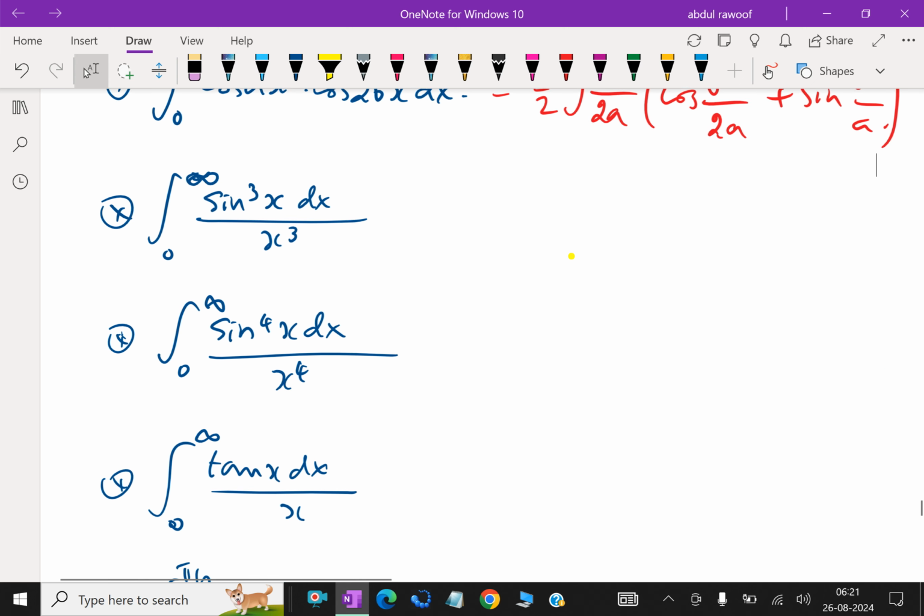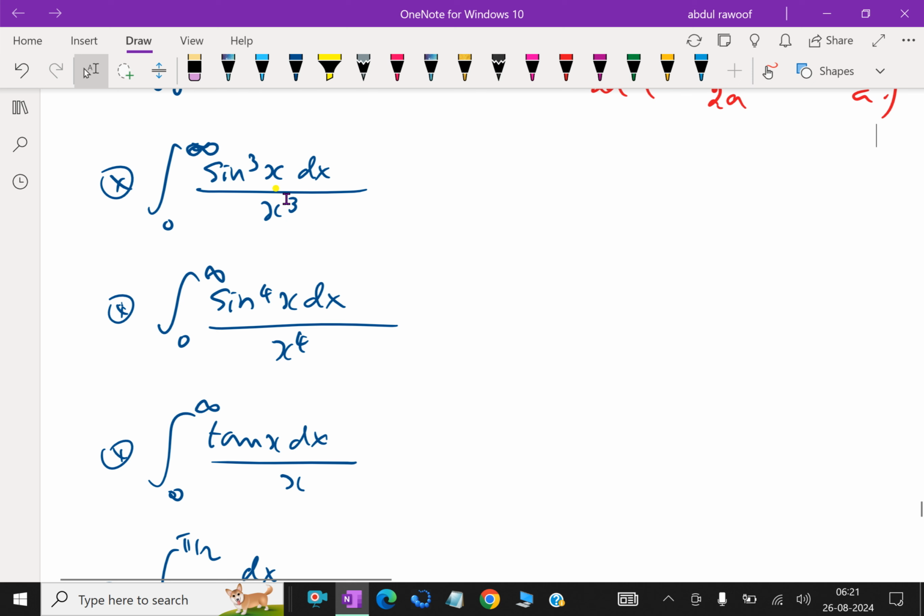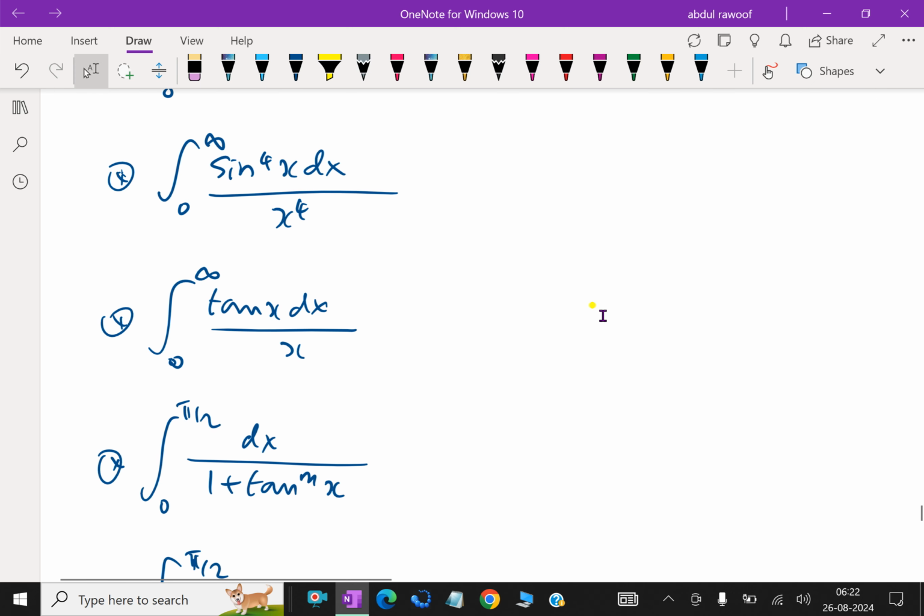Next one, integral 0 to infinity sine cube x dx over x cube is equal to 3 pi by 8. Next one, integral 0 to infinity sine power 4x dx over x power 4 is equal to pi by 3.